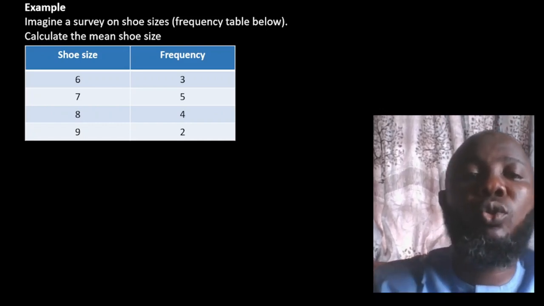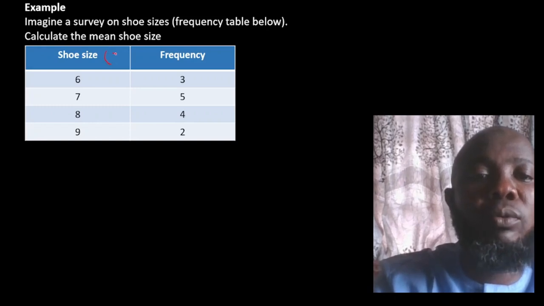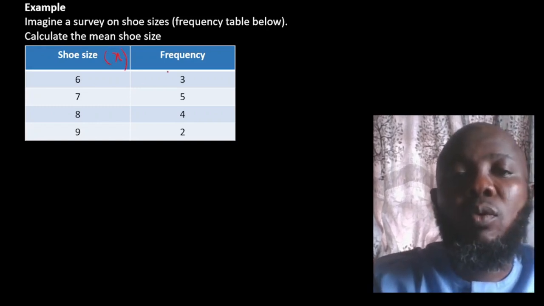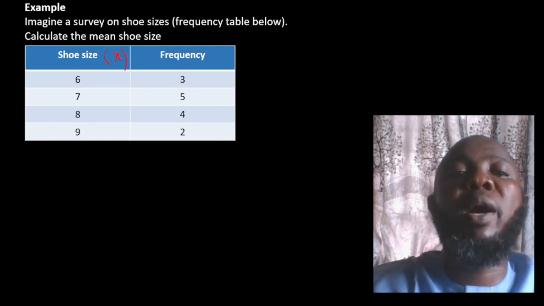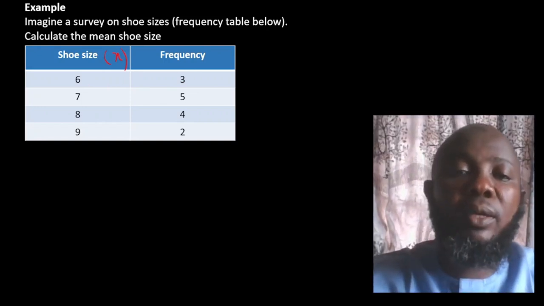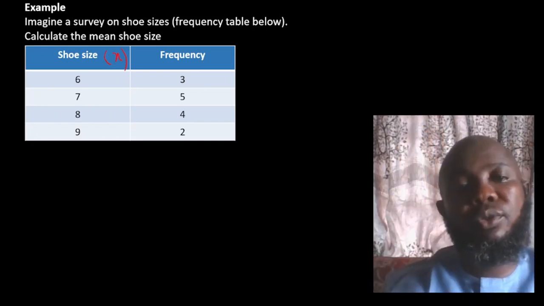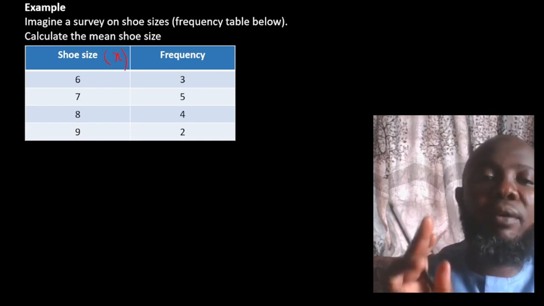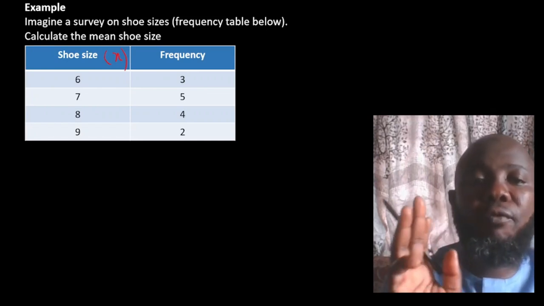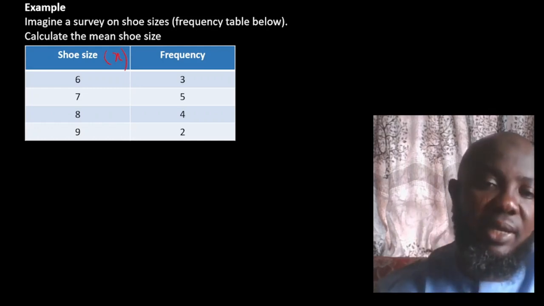This is going to give us x. The shoe size is the value we are considering, while the frequency is telling us the number of times, the number of size 6 that we have there. So we have 3 size 6 shoes. Then we have 5 size 7. We have 4 size 8, and we have 2 size 9.